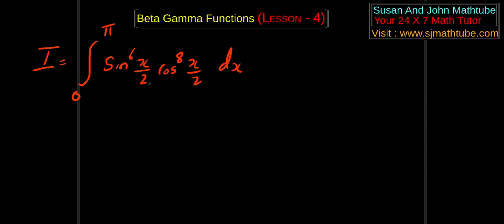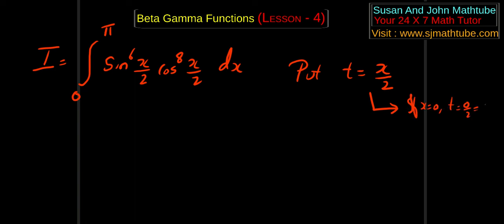But when we look at the angle which comes along with sine or cos or sine and cos, okay, we will feel that when we put t equal to that and check the limit, yeah, if x equal to 0, t equal to 0 by 2, that is 0. If x equal to the upper limit, that is pi, t will be pi by 2.